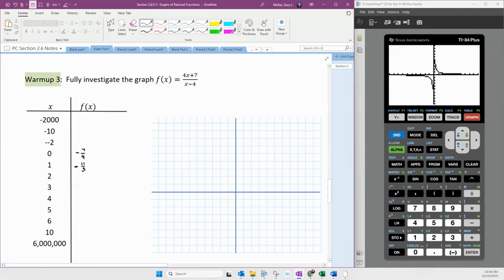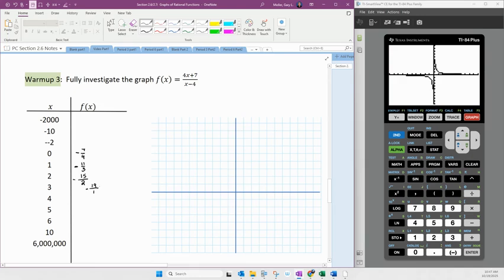I plug in 2, I get 15 over -2. At 3, I get 19 over -1, so -19.